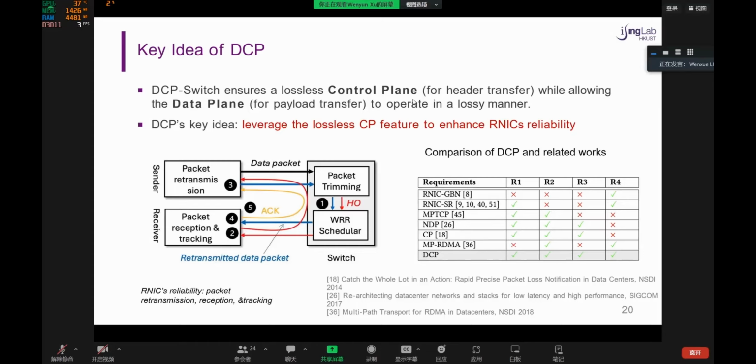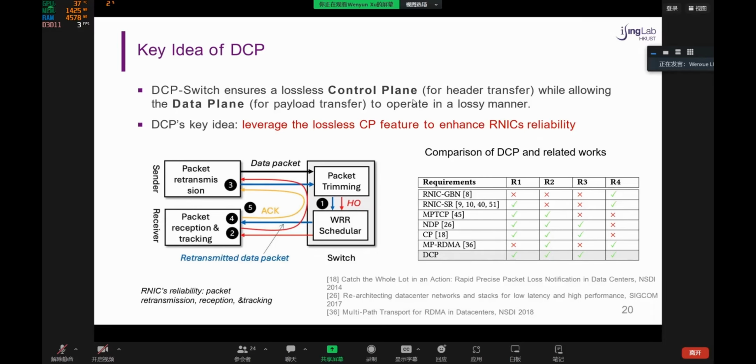So in our detailed design, not only the HO-based retransmission, but the bitmap packet tracking and the extended RDMA header are all designed for the RDMA scenario. In CP, it didn't mention a lot about the end host design, because doing the loss recovery in software based on the header-only packet is very straightforward.